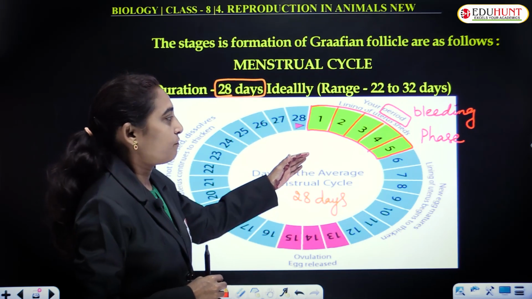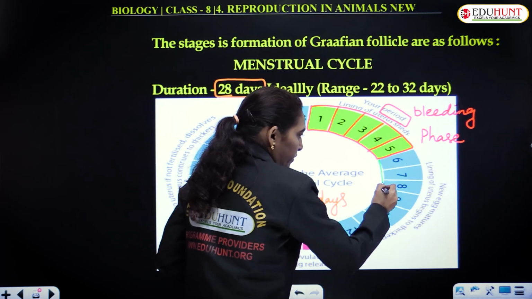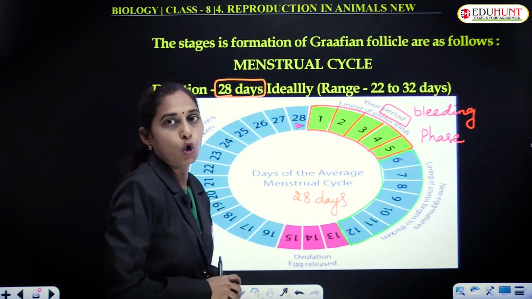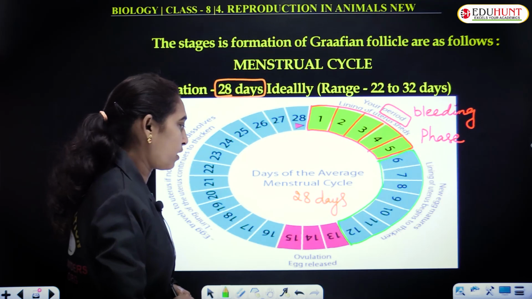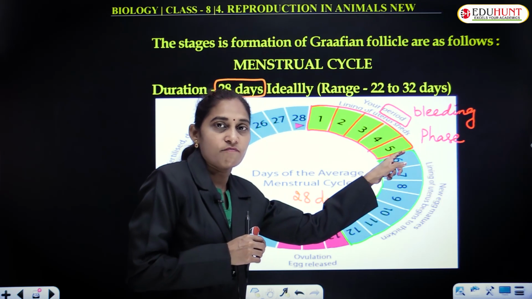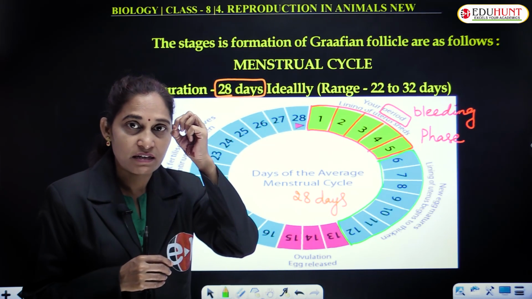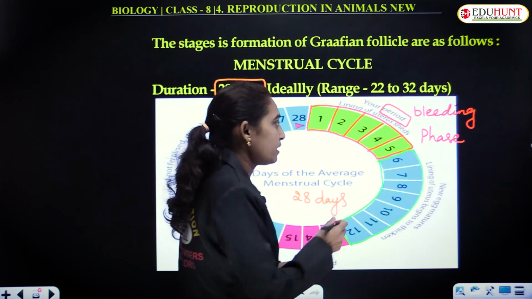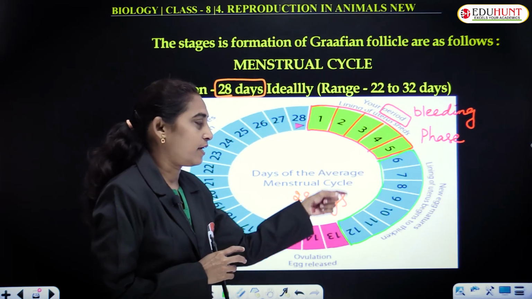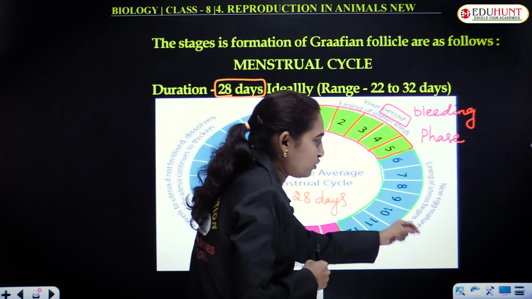Listen clearly. From day 6 to day 12, in the ovary the ovum develops and matures. Until then bleeding had happened. From the 6th day onwards the new ovum starts developing. Take it as day 1 for the ovum; it takes 7 days to mature, and developmental changes happen in these 7 days. So the ovum gets matured and the new egg matures. Egg is nothing but ovum.